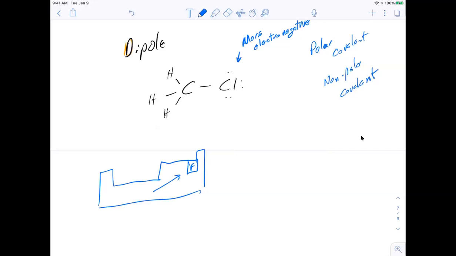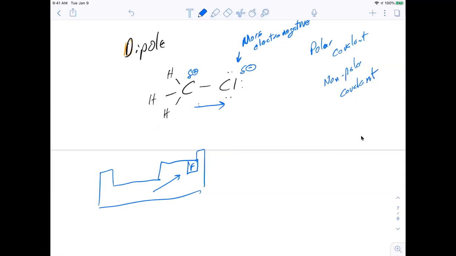So therefore, the chlorine is going to pull electron density towards itself. As it pulls electron density towards itself, right, then that means that the carbon is going to have less electron density than it might have had, and the chlorine is going to have more electron density than it might have had.